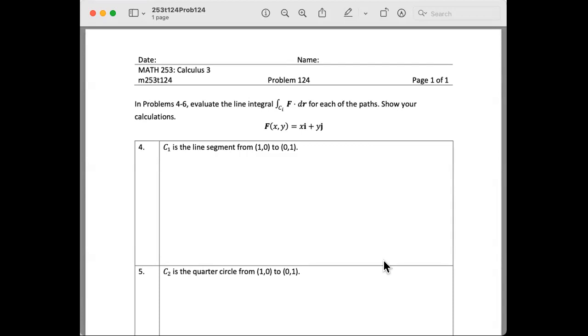So then in the next problem, when we integrated this vector field along the same two paths, C1 is the line segment and C2 is the quarter circle with the same start and end.